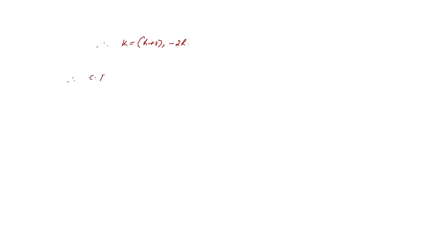So therefore the complementary function is z equals summation c1 e to the power hx plus ky. So k first is h plus 3, this is our f1(h), and plus c2 e to the power hx plus ky, so f2(h), this is minus 2h. So minus 2h y.